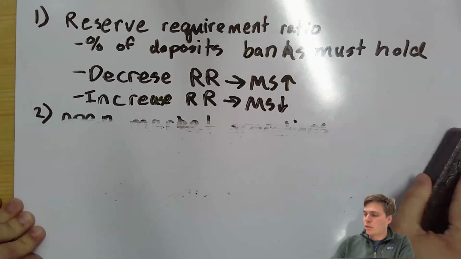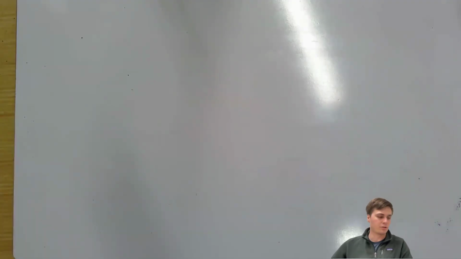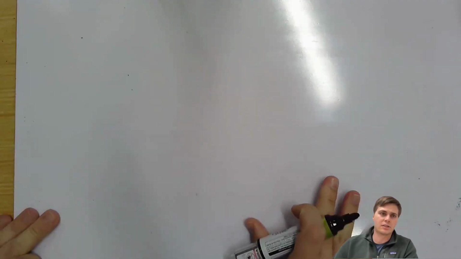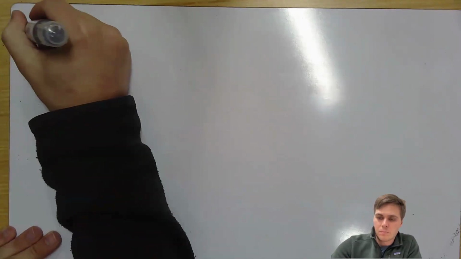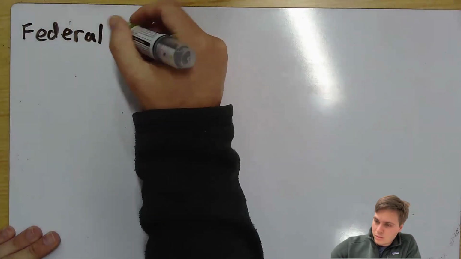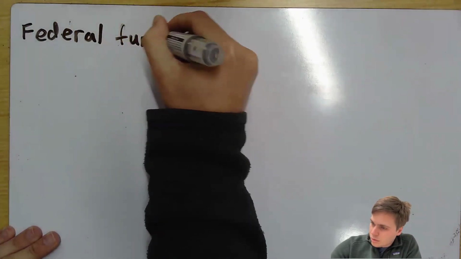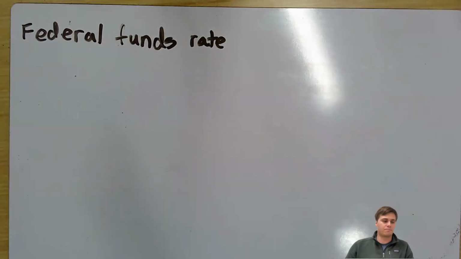Now, there's one more thing I want to introduce here from a terminology standpoint and just talk about quickly, which is what we call the federal funds rate, which is a specific interest rate. And what it is, banks can borrow and lend from each other.